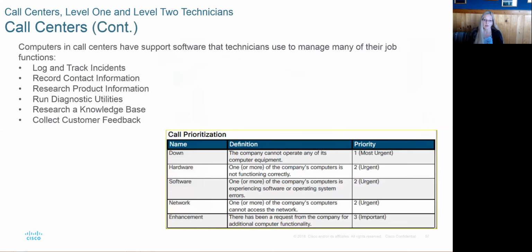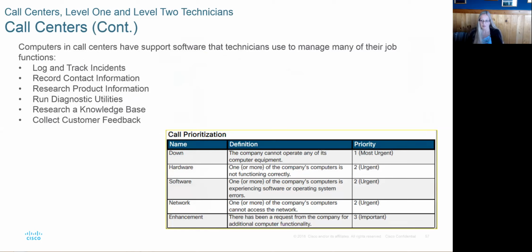For our call centers, if you're working in a call center, you're going to have specific software to log and track your incidents. Don't forget, you have to record your contact information, the product information, run diagnostic utilities. And if you look at those things, they go right along with your 6 troubleshooting steps, right?